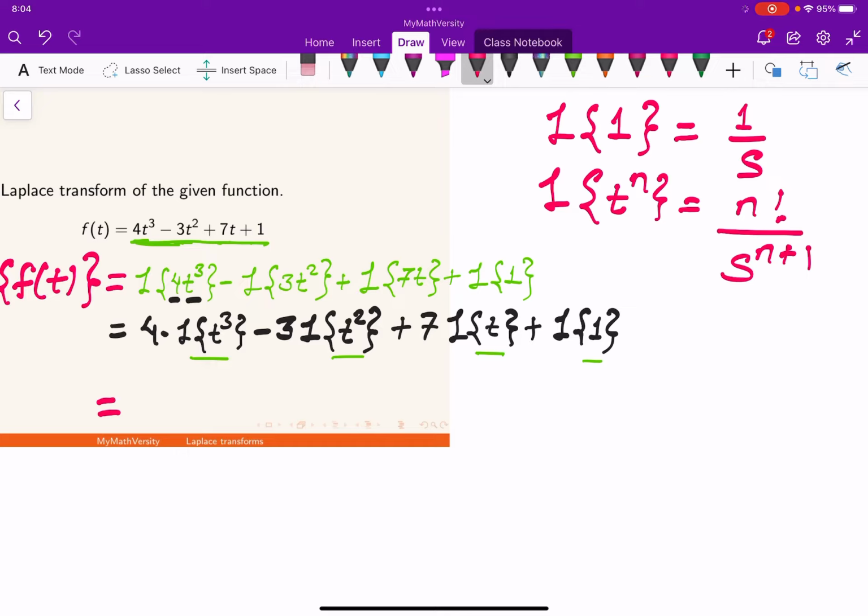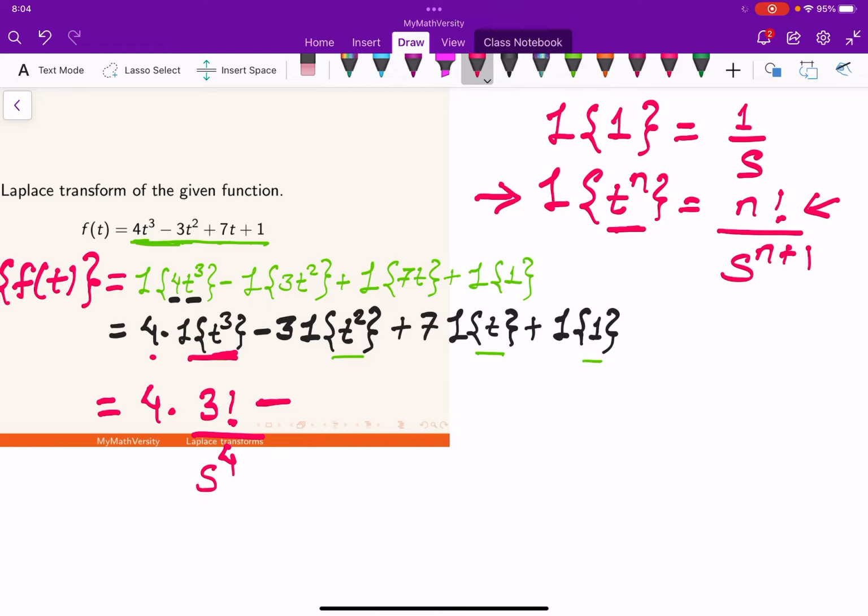What we have here is 4 multiplied by the Laplace transform of t^3. This is the formula for the Laplace transform of t to the power n, and here we have t^3, so n is 3. Plugging that in, we get 3 factorial over s to the power 3 plus 1, so s^4.